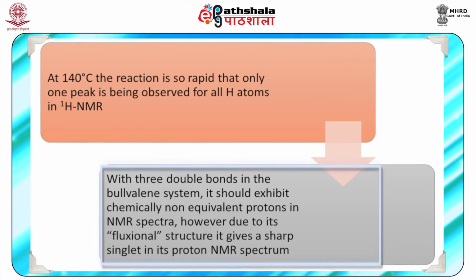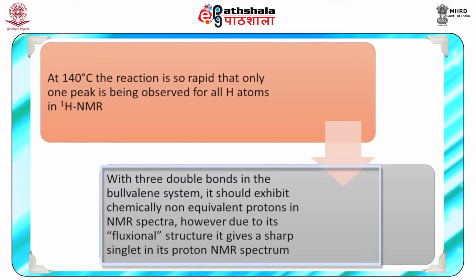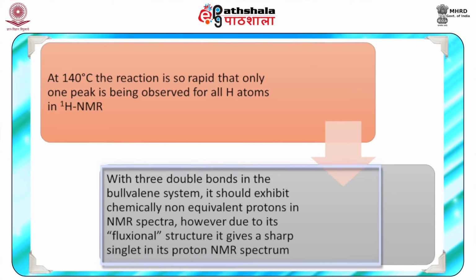With 3 double bonds in the bullvalene system, it should exhibit chemically non-equivalent protons in the NMR spectra. However, due to its fluxional structure, it gives a sharp singlet in its proton NMR spectrum.